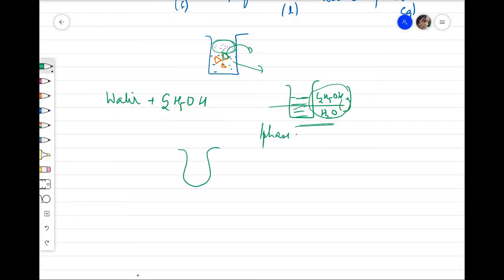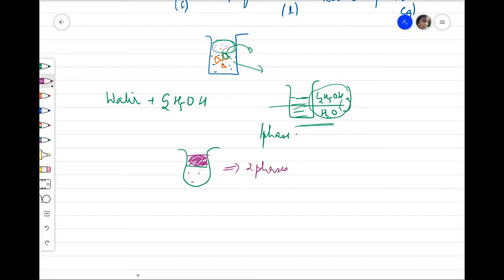Now let me take an oil. Oil and water do not mix, so you will see that one is on top and the other is below. In this case, oil and water are 2 phases.